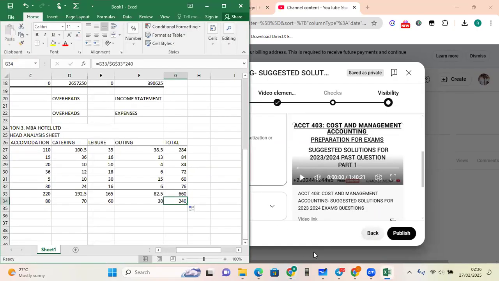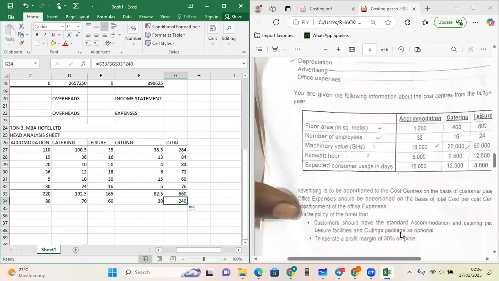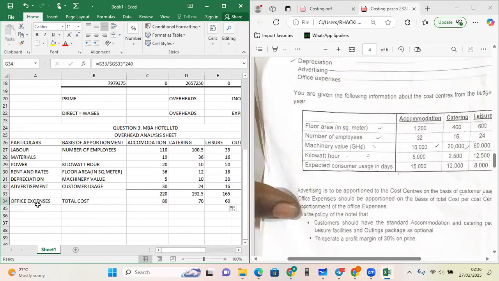So now let's do our total overhead cost and asset.